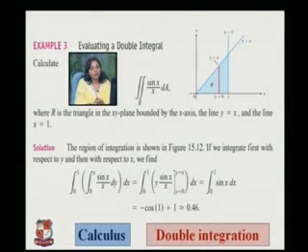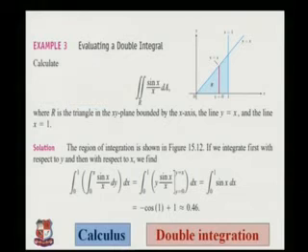When you have a vertical strip, x will be constant. So x is between 0 to 1, and y we are taking down to up. For down to up, y varies from 0 to y is equal to x. So here 0 to 1 and integration 0 to x of sin x by x dy.